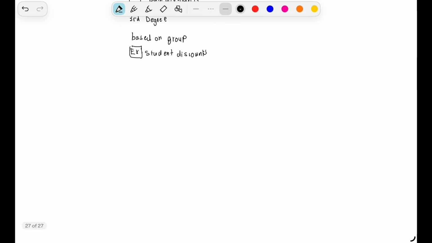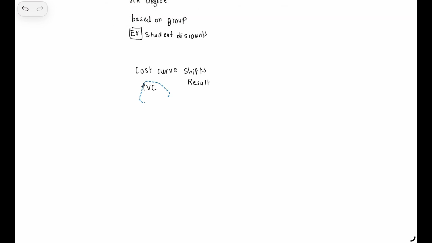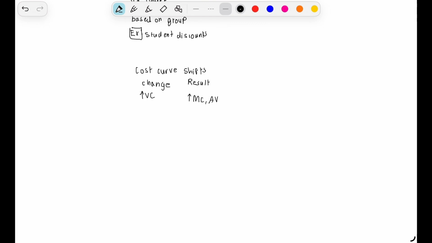Now let's talk about your cost curve shifts. If you increase your variable costs, as a result, you're going to see an increase of MC, AVC, ATC.